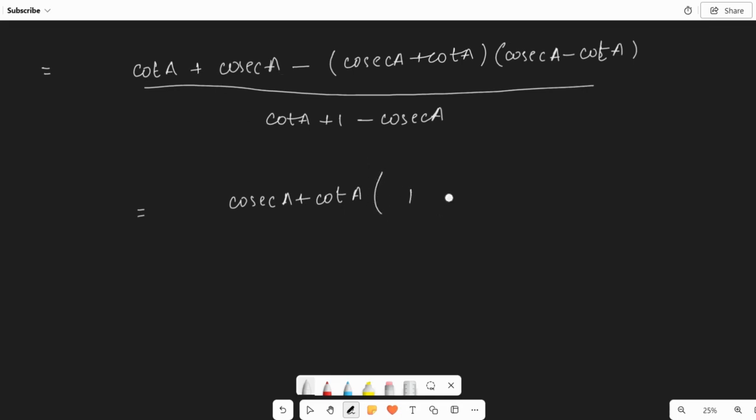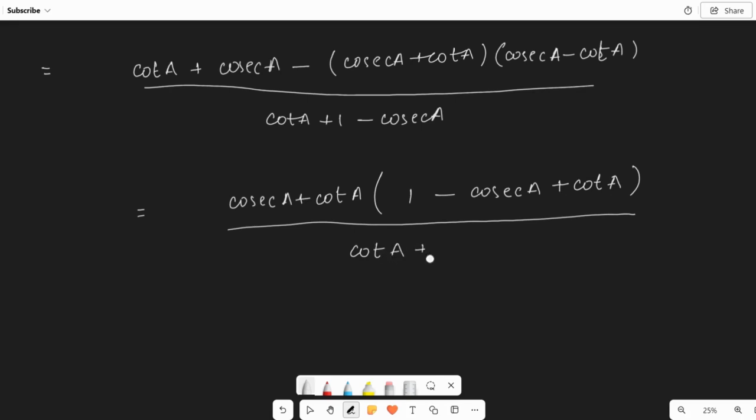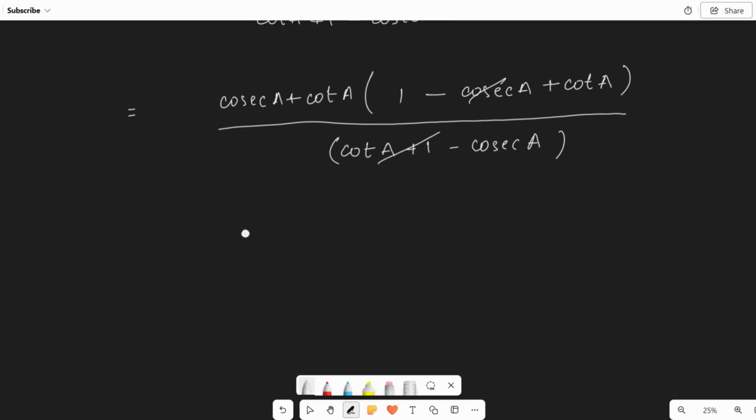This becomes (cosec A + cot A)(1 − (cosec A − cot A))/(cot A + 1 − cosec A). And now as you can see, these two expressions get cancelled, and at last we are left with cosec A + cot A, which is nothing but the required RHS.